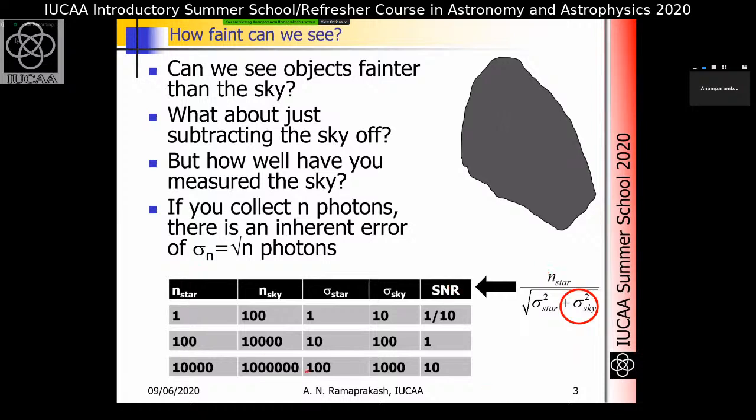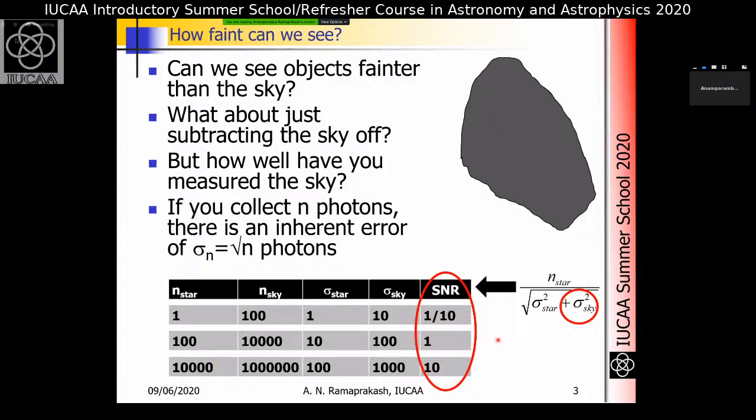But by collecting enough photons, you can keep improving the signal to noise ratio. Where the signal was 10 times weaker than the noise, by collecting more light we made it equal to the noise. And by collecting even more light, we said the signal can be even 10 times larger than the noise. And therefore, you can have a very certain detection or measurement of the light from the object you are interested in. So that's where we stopped yesterday.